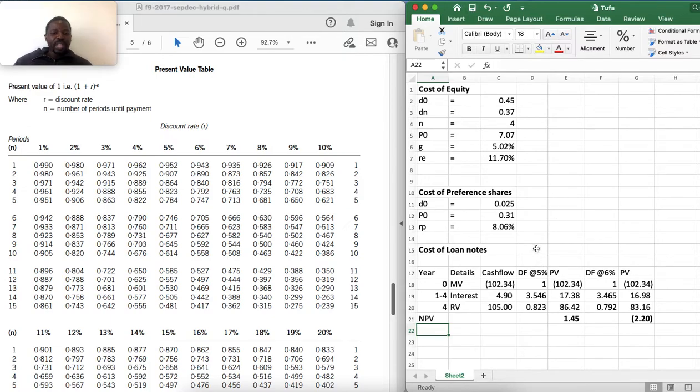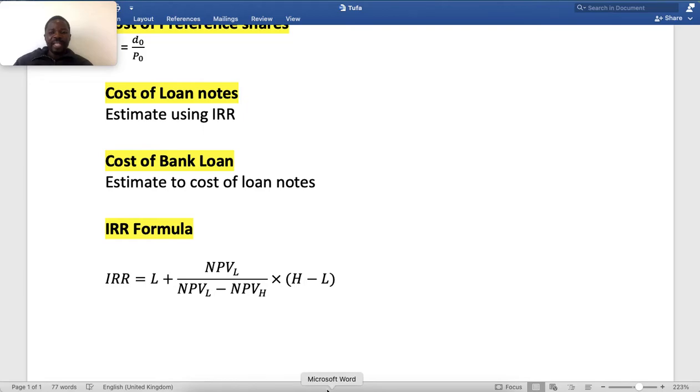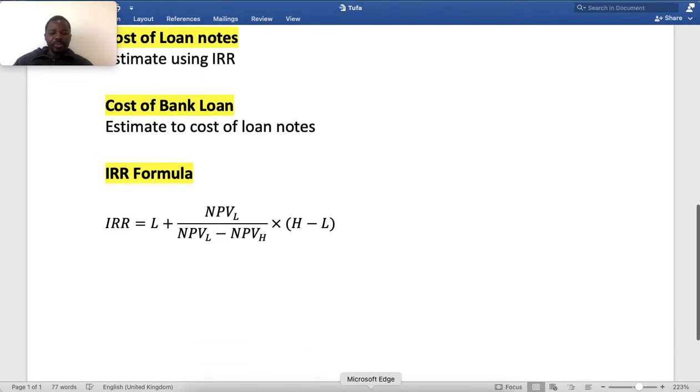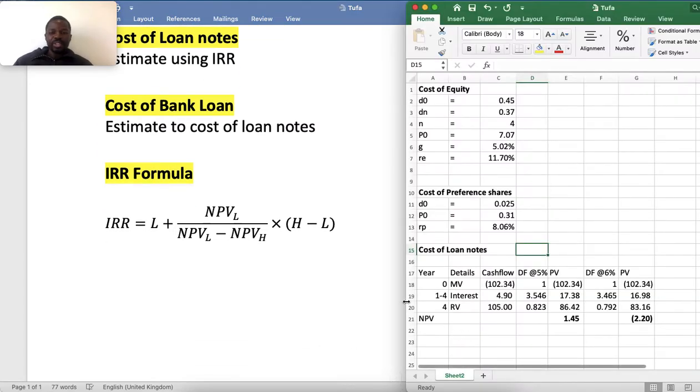Now we want to calculate the cost of the loan note using the IRR formula. I will flag the formula here so that we will be able to follow through, as we have got everything that we need. The lower rate is 5%, the higher rate is 6%. We have got two NPVs, NPV at the lower rate and NPV at the higher rate.